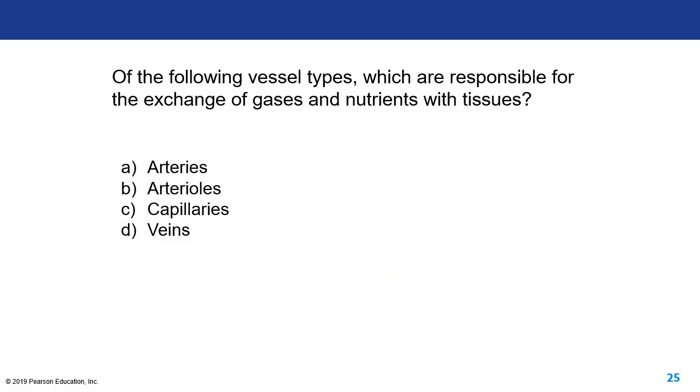And here, another question. All right. The following vessel types, which ones are responsible for the exchange of gases and nutrients within tissues, right? So this is a very easy question, especially now because it's so fresh. All right, does anyone need more time?